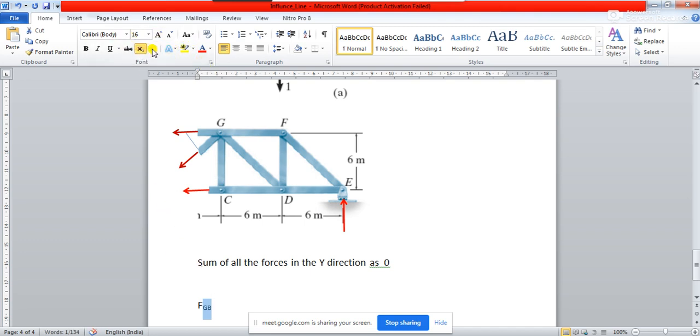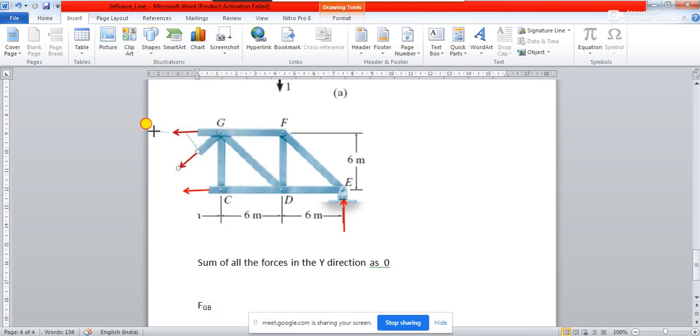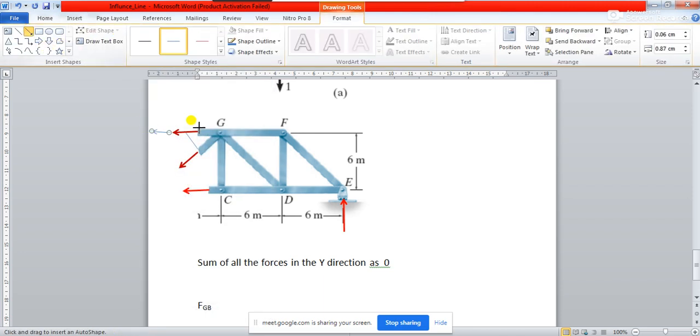If this is 45 degree and I resolve this force along this direction and along this direction, then FGB cos 45 degree will be along the horizontal direction, and FGB sin 45 degree will be along the vertical direction.